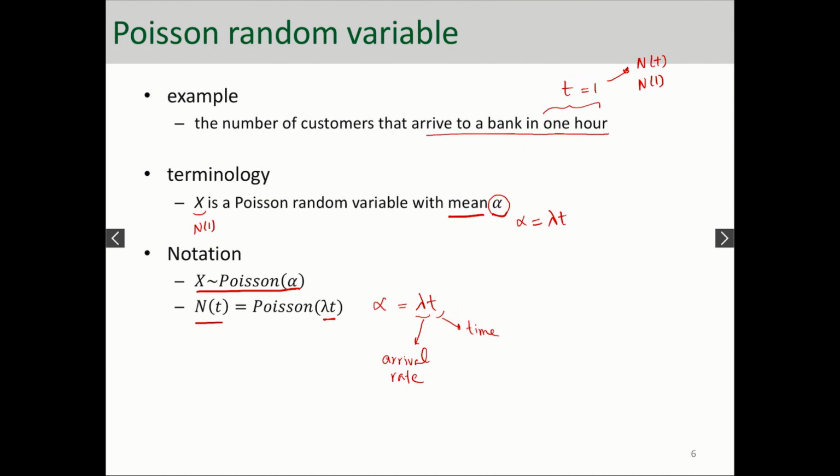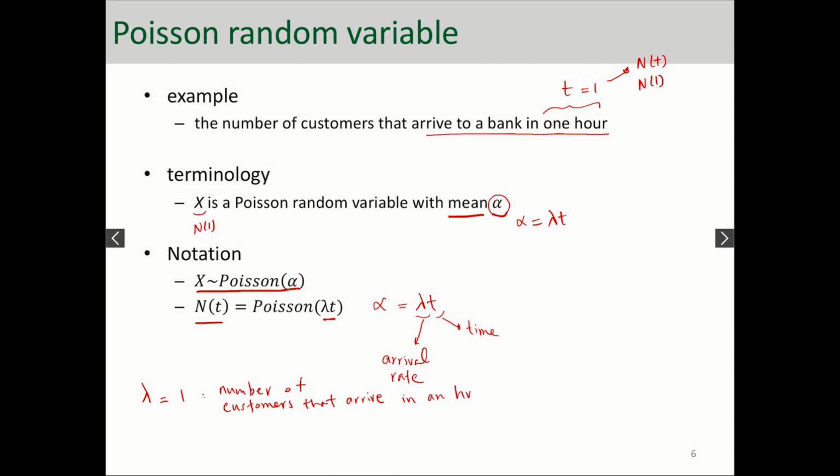Let's take one example. Let's say lambda is equal to 1, which is basically the number of customers that arrive in an hour.